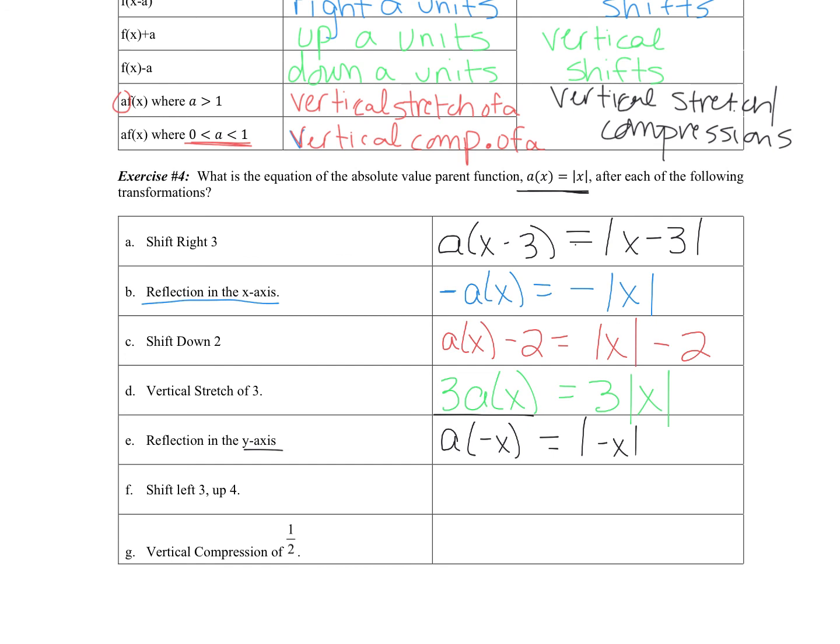And then shift left 3 and up 4, so that's a of x plus 3 to go left, plus 4 to go up. So x plus 3 goes in absolute value, plus 4 goes on the end. And a vertical compression of 2 is 1/2 a of x. So that's 1/2 times the absolute value of x.